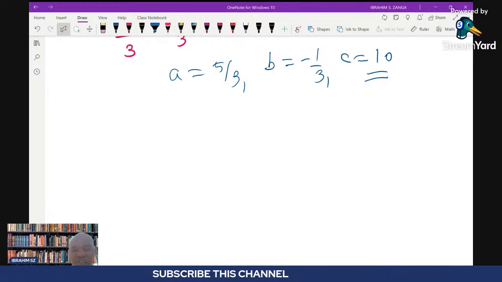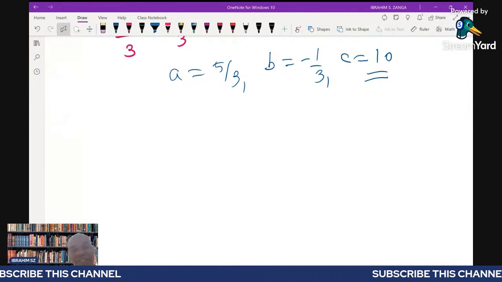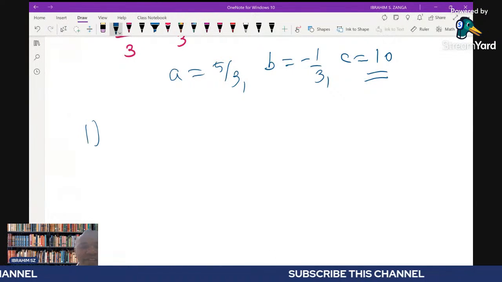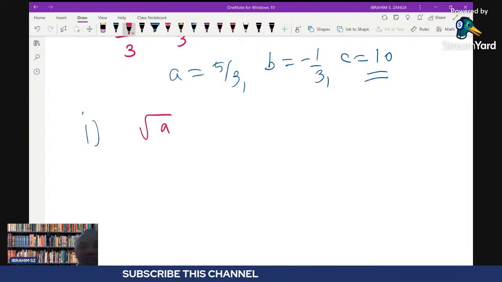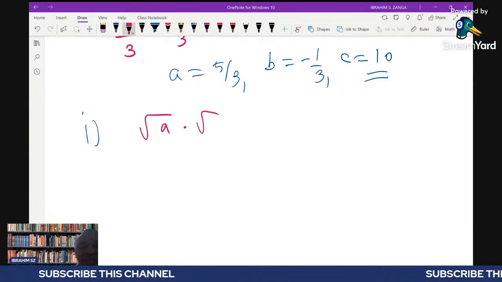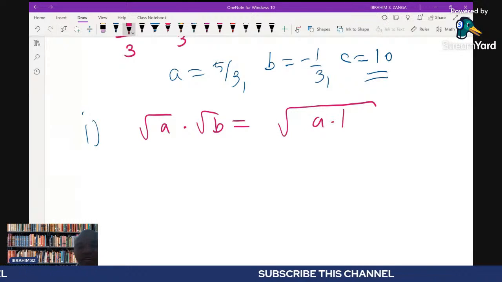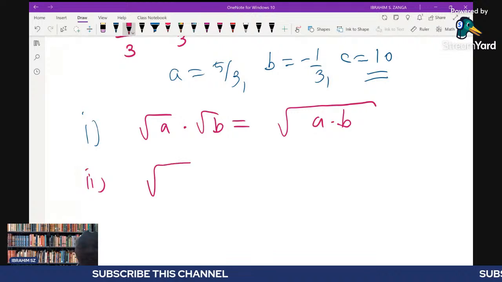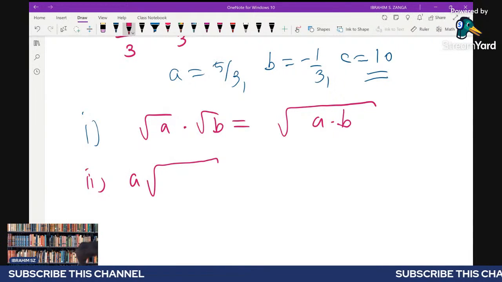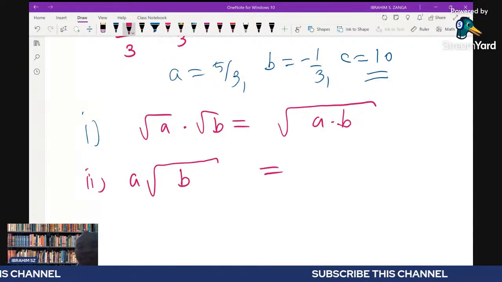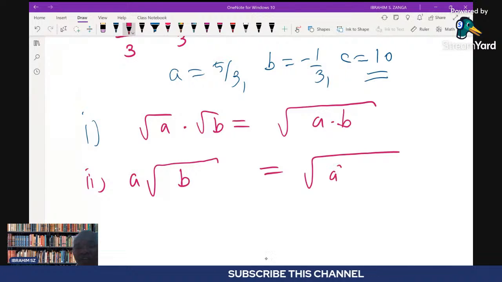Before we close our session, I just want to remind you, dear students, of important information here. The first reminder is when you have square root of a times square root of b, this is the same as square root of a times b. The second reminder is when you have square root of a square times b, this is the same as a times square root of b.